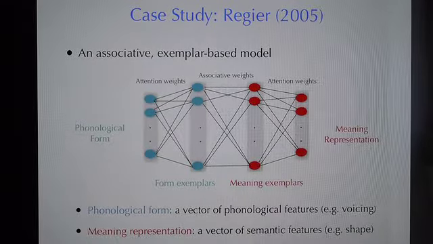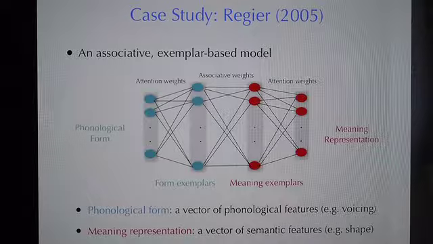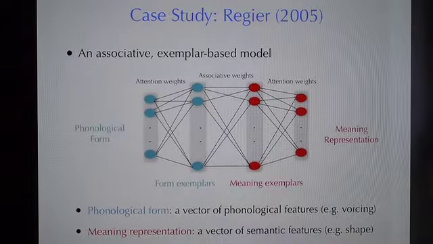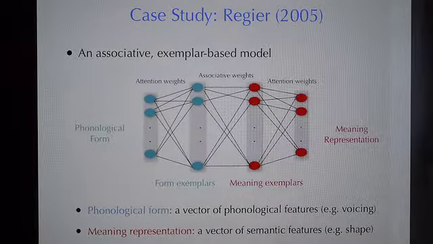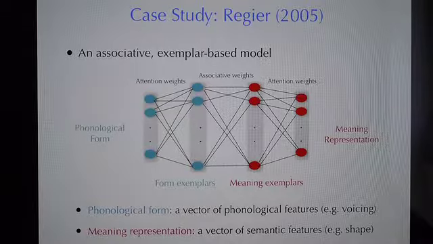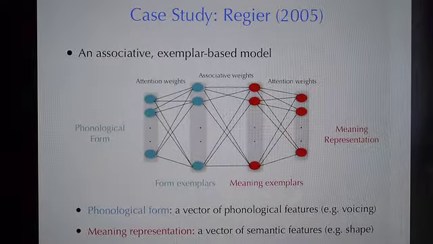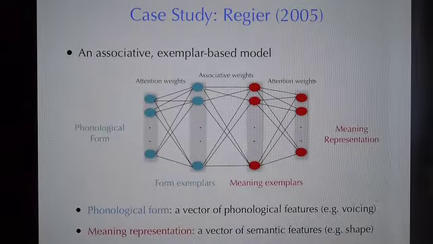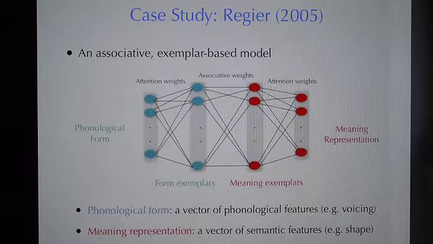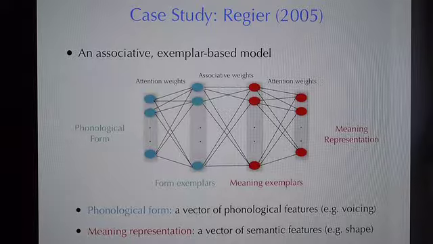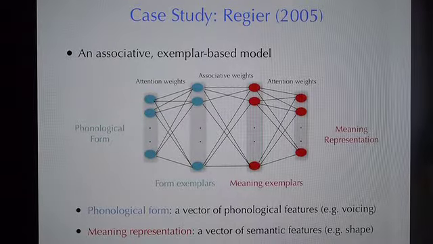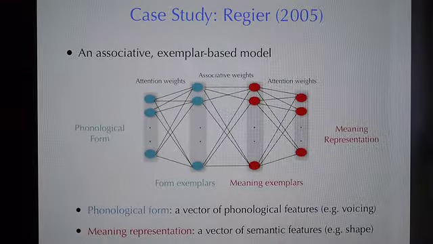So what you see here is a model that has 4 layers. On the left-hand side and on the right-hand side, you see layers that are connected to the outside world, and then you have 2 hidden layers in between that connect the outer layers.